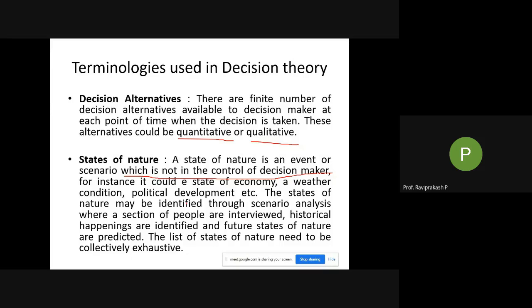Then weather condition. Do you have any control over weather? Can you stop rain, or can you say always there should be light, or always there should be sun? We cannot have that control. So the decision maker will not have any control over the environmental or weather conditions. Next comes political development.